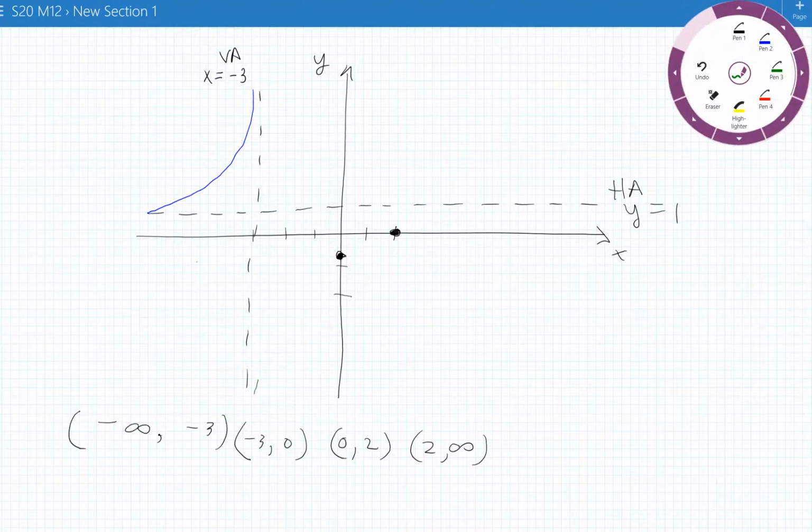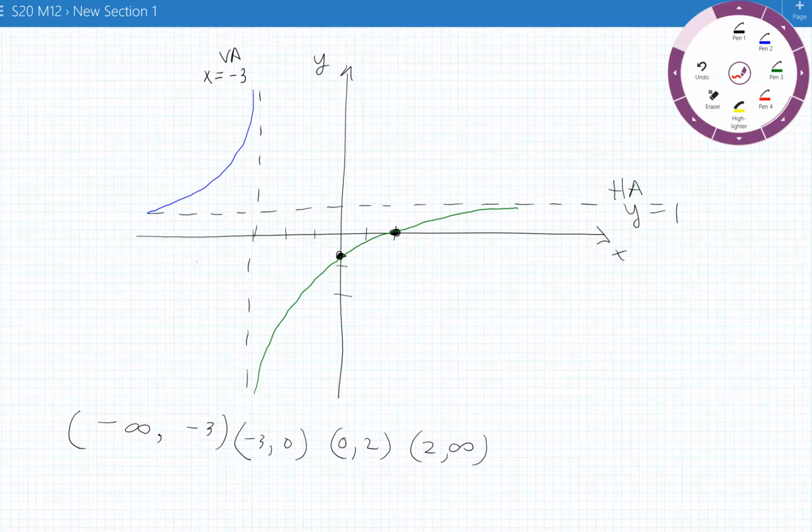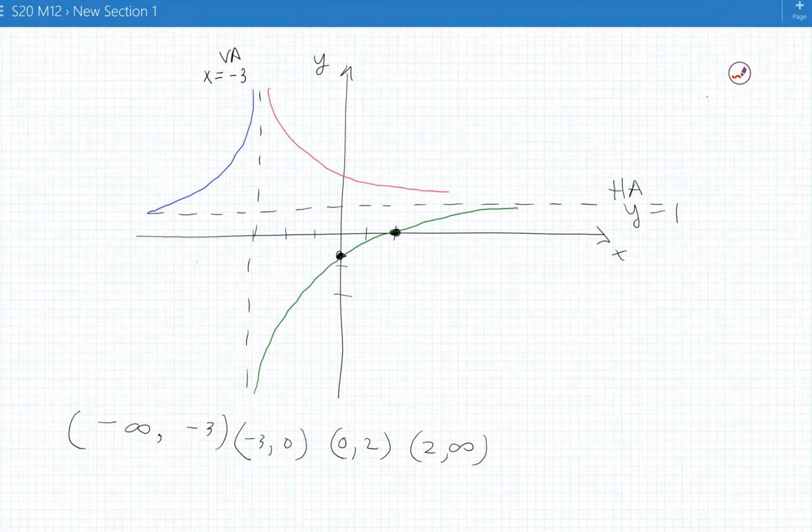I could be approaching the vertical asymptote, go through the y-intercept, go through the x-intercept, and then approach the horizontal asymptote. And that's the only thing that's going to work. Because if I tried to go this way, I would cross the y-axis in a place where I know that doesn't happen.